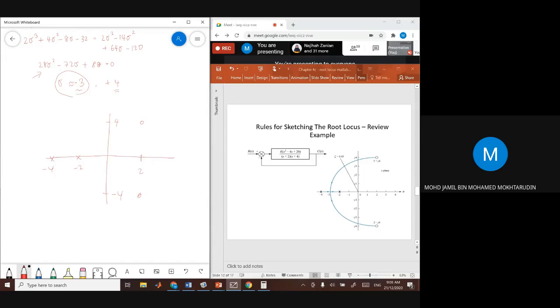So if you have a breaking point here, your root locus will never exit through this point.